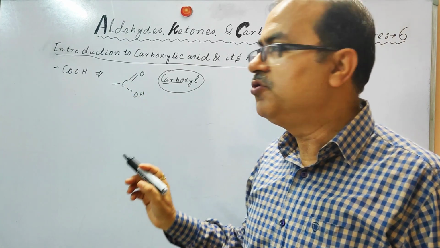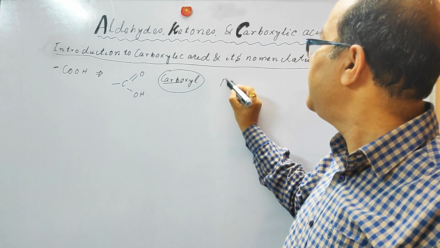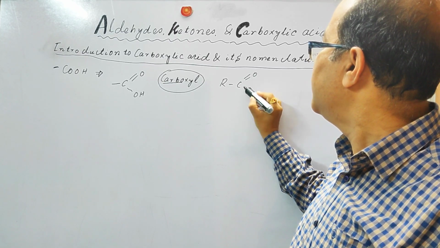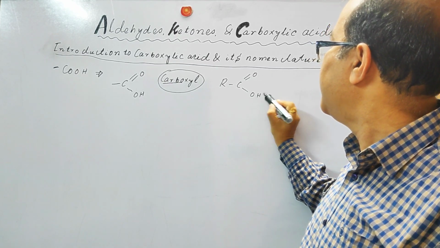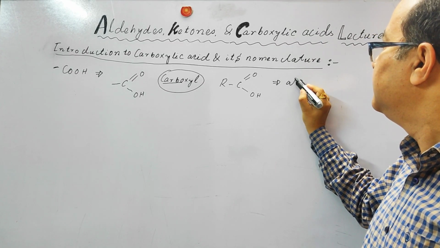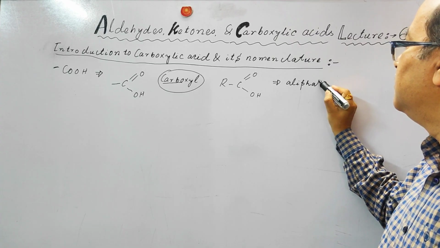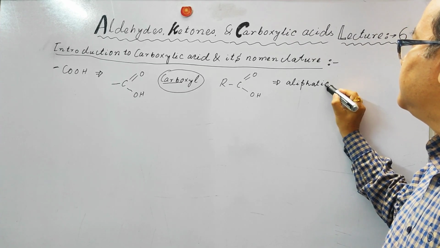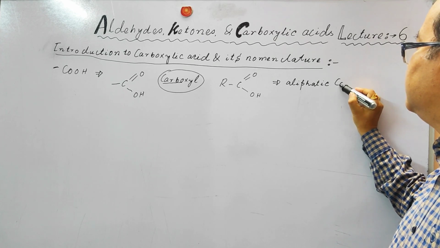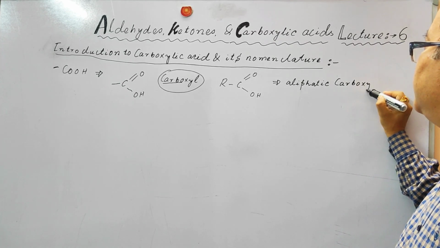And the other valency, the 4th valency, when this is joined to an alkyl group, at that time we will call it an aliphatic, or open chain carboxylic acid.